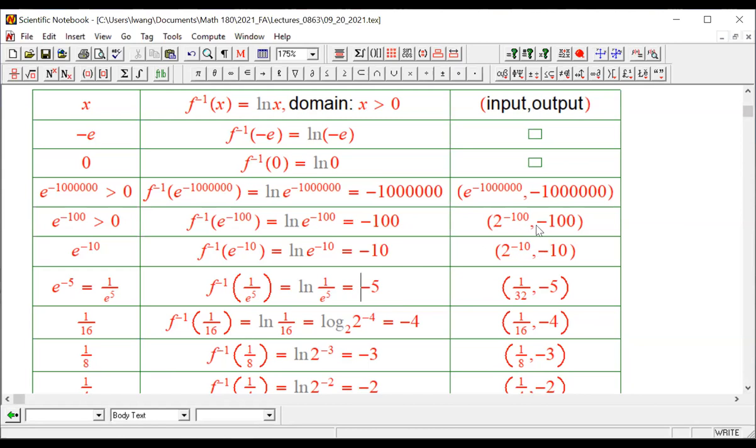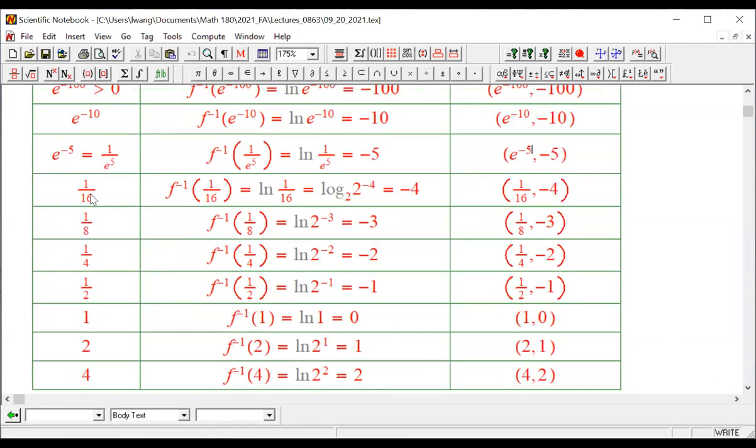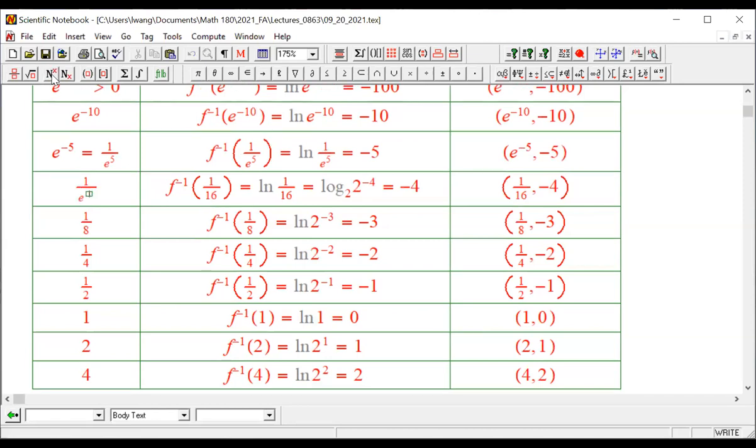And of course, my input needs to be changed here on this side, right? So this is e, this is e, and this is going to be e to the power -5. Does everybody follow me? Slow me down or tell me to speed up. 1 over 16, for my convenience, I'm going to change it to 1 over e to the power 4, which is e to the power -4.